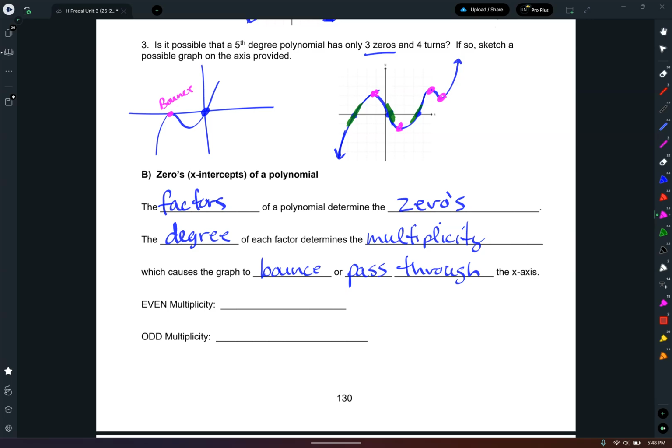So sometimes we can touch the x-axis and bounce off, whereas sometimes I have a zero that actually goes all the way through the x-axis. Okay? So the way we determine that is if it's even multiplicity, meaning if you have an even degree on the factor, that's the kind that will bounce. If you have an odd degree, odd multiplicity, that's the kind that will go through.